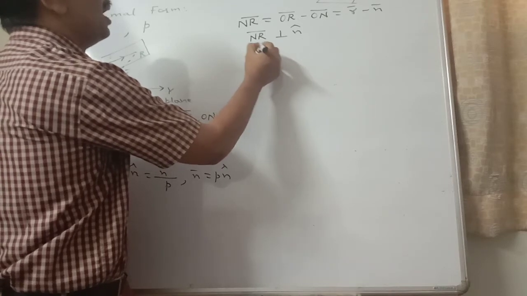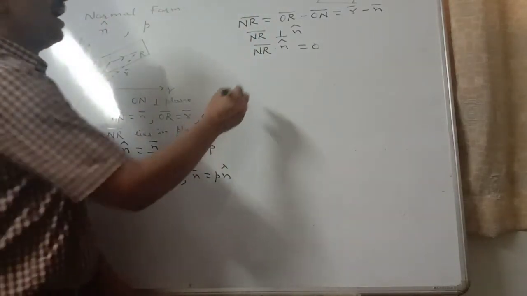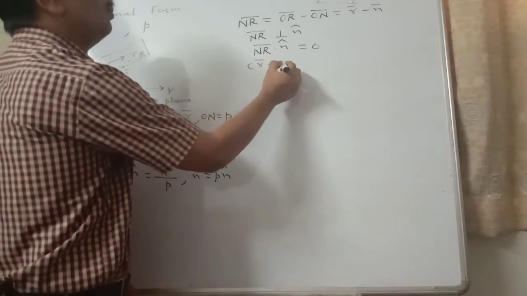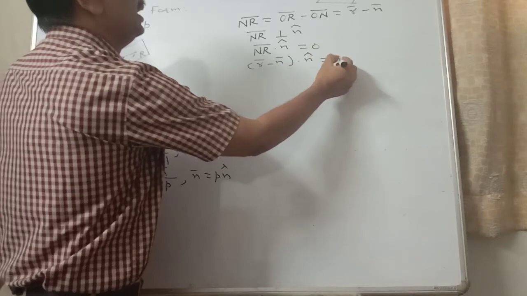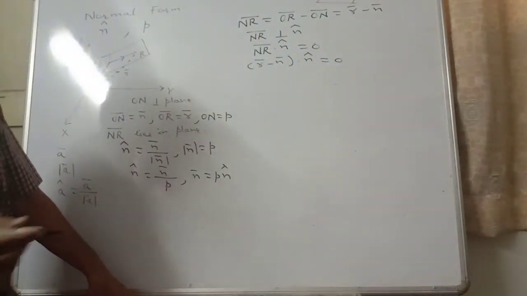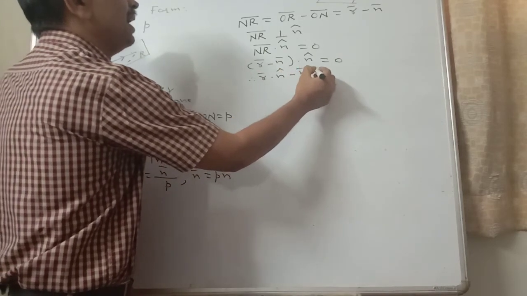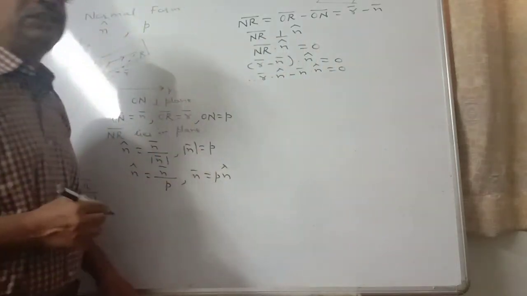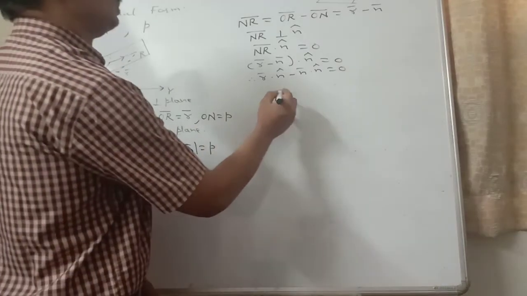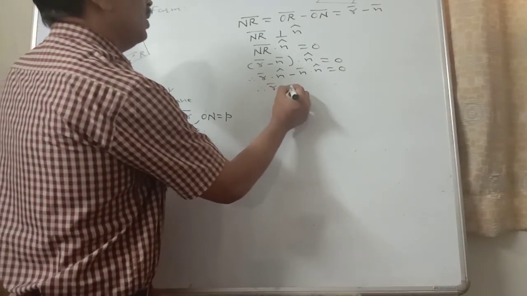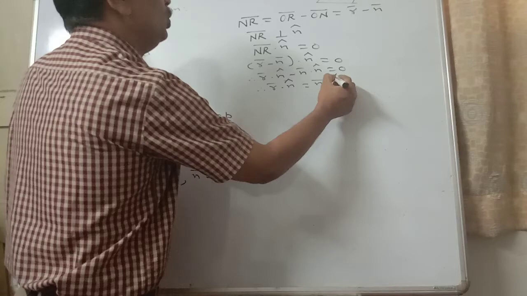So NR bar dot n cap equal to 0. r bar minus n bar, dot n cap equal to 0. Open the bracket. r bar dot n cap minus n bar dot n cap equal to 0. So r bar dot n cap equal to n bar dot n cap.